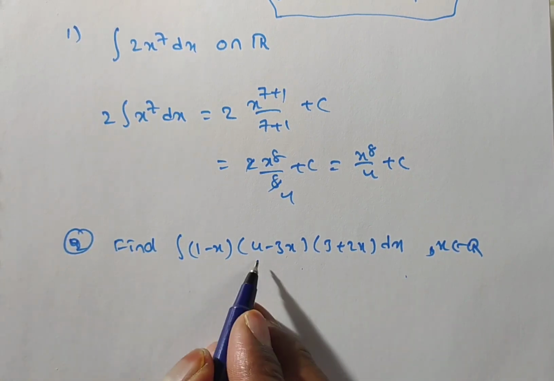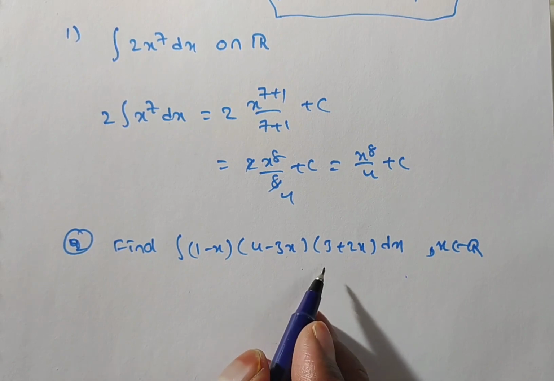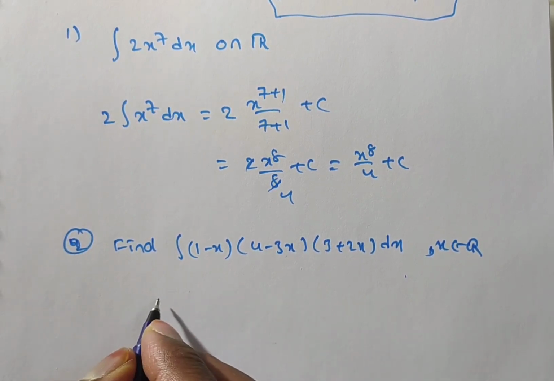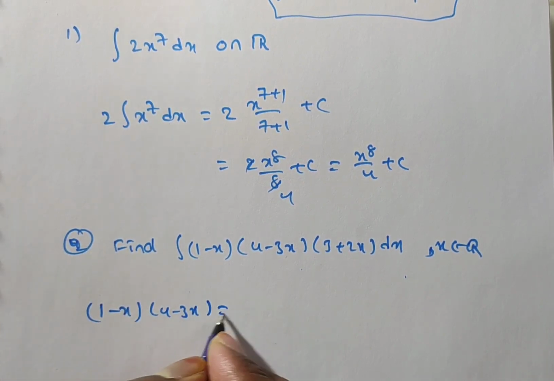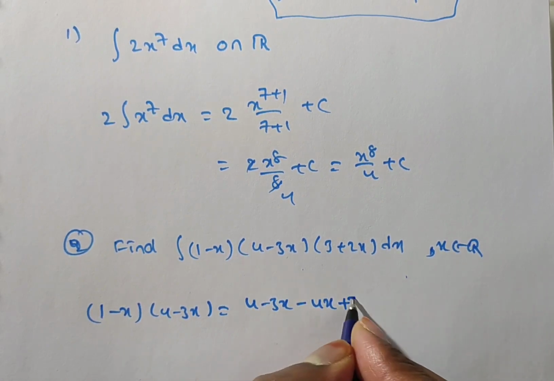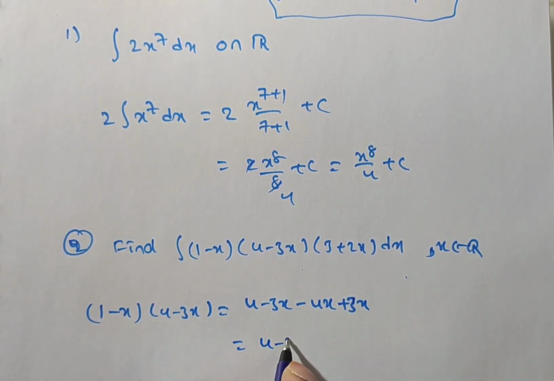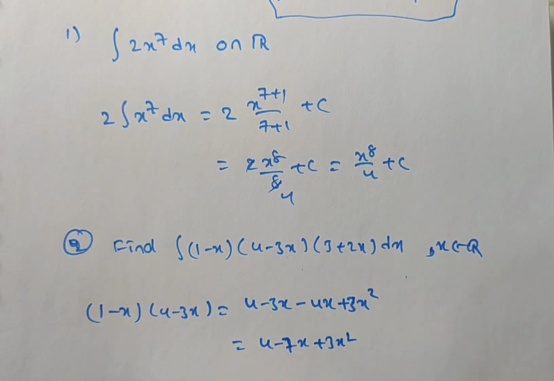Now first we multiply these two and then multiply with this polynomial, then we will get finally. I am writing 1 minus x into 4 minus 3x is equal to 4 minus 3x minus 4x plus 3x square, that is 4 minus 7x plus 3x square.